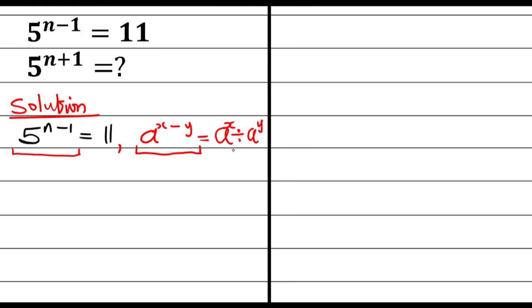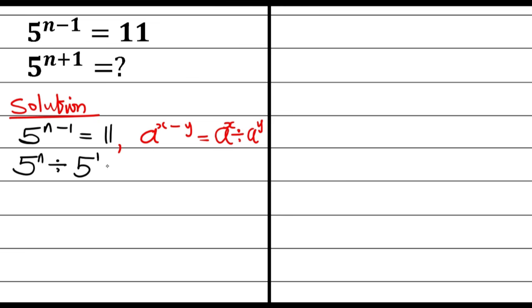So I'm going to write the left hand side of this rule for my question, that is this side. Applying this properly, I'm going to have 5 raised to the power of n, divided by another 5 of the same base, raised to the power of 1.